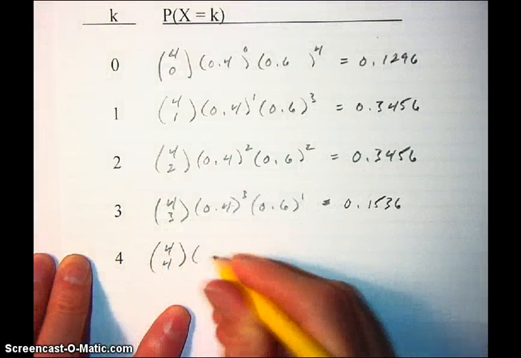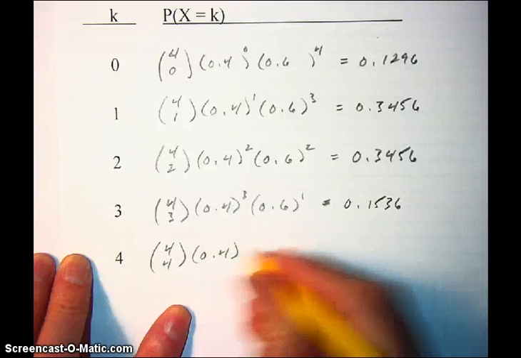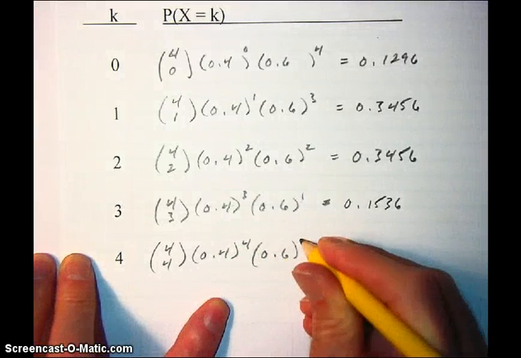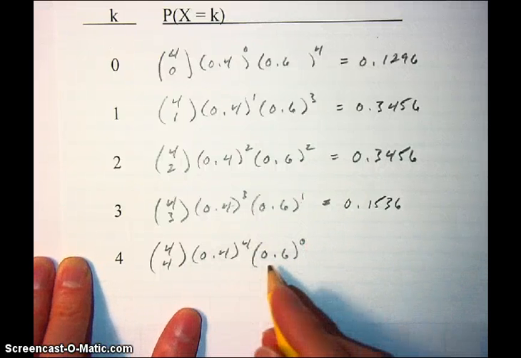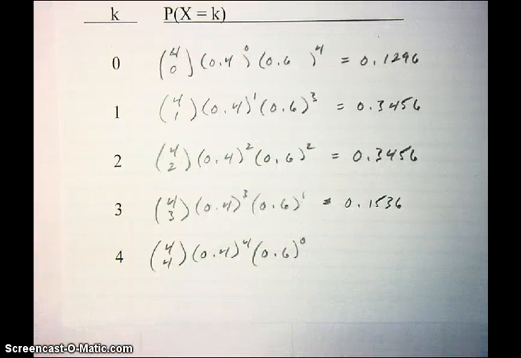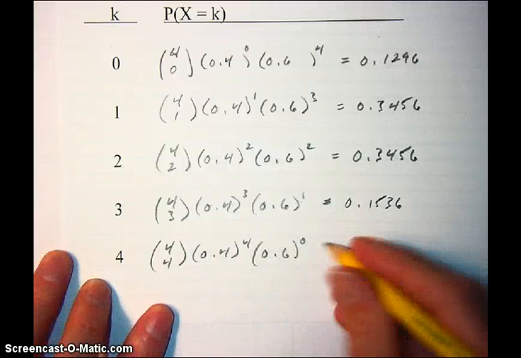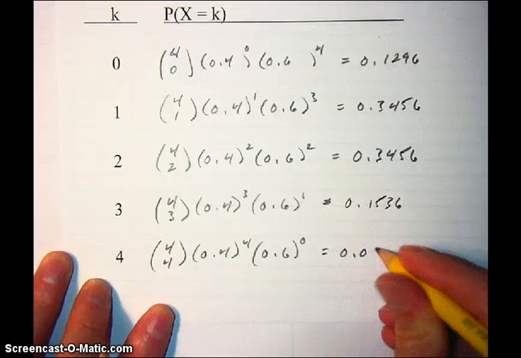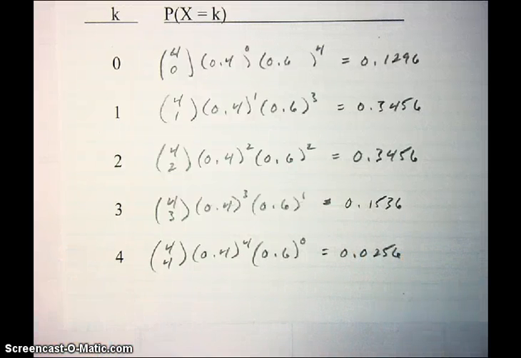That's just 1 times 0.4 to the 4th power times 0.6 to the 0 power, and that's 1. So this is really just 0.4 to the 4th power, probability of success multiplied times itself, so that we have 4 of those multiplied together. That works out to be 0.0256.